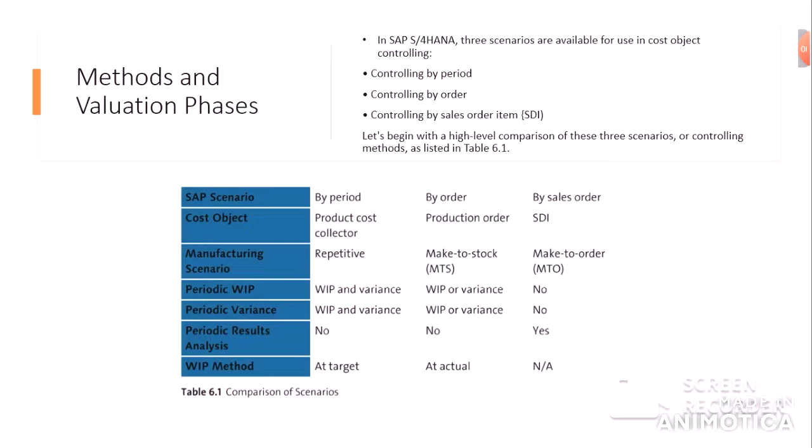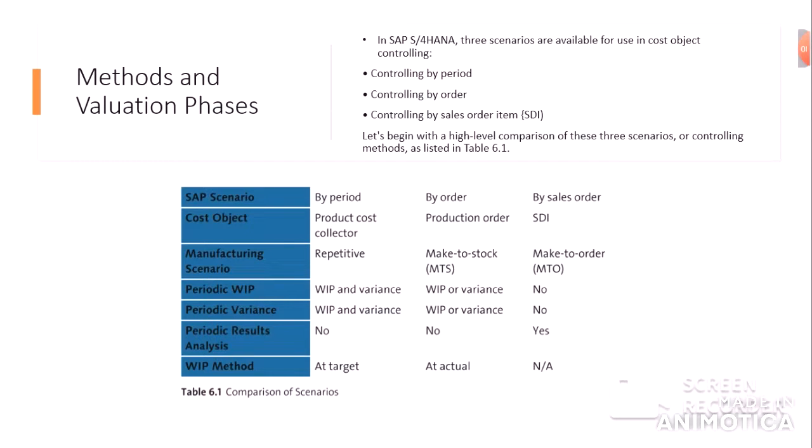Let us begin with a high-level comparison of these three scenarios or controlling methods as listed in the table. The columns are SAP scenario, cost object, manufacturing scenario, periodic work in process, periodic variance, periodic results analysis, and work in process method. By period, by order and by sales order, the cost object will be the product cost collector, the production order, and the sales document or sales order item. SDI is sales order item.